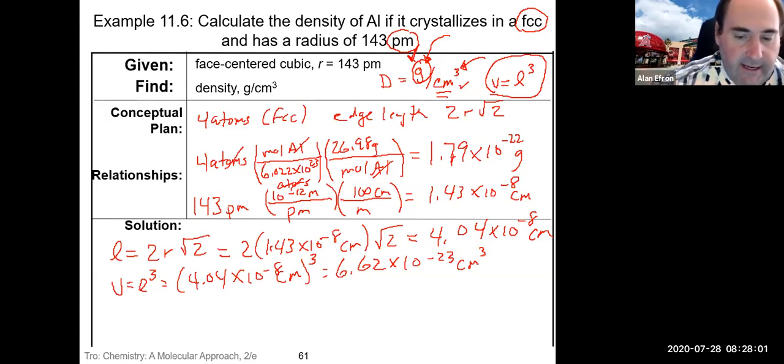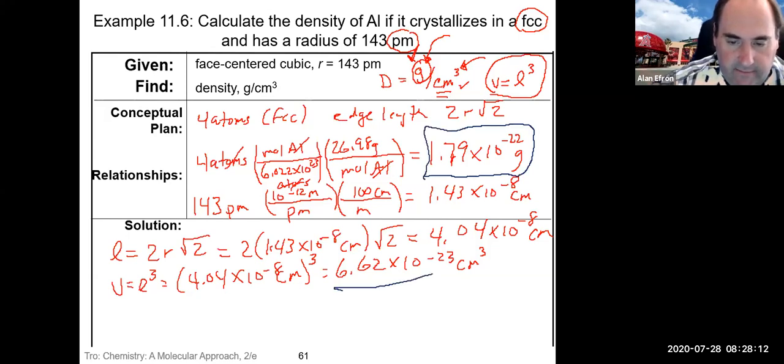So at this point, I now figured out the grams. I also figured out the volume. So what is left to do is to take the grams and take the volume and basically divide it. So density is mass divided by volume.